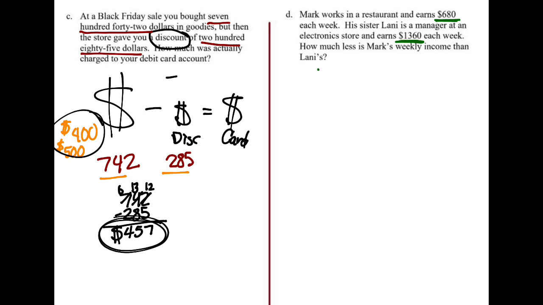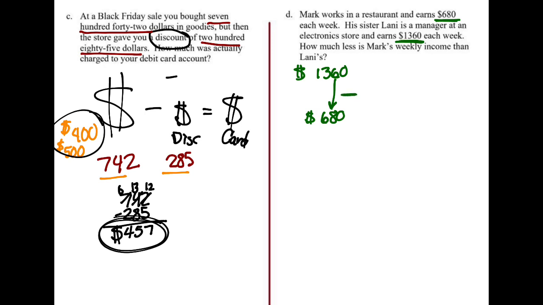So if this is her amount each week, and he gets $680 each week, how much less is his than hers? So yeah, we want to find the difference between the two, right? So I'm going to subtract.